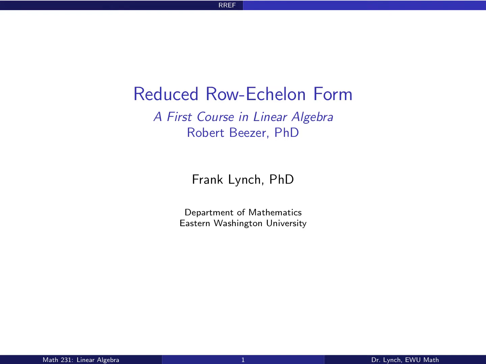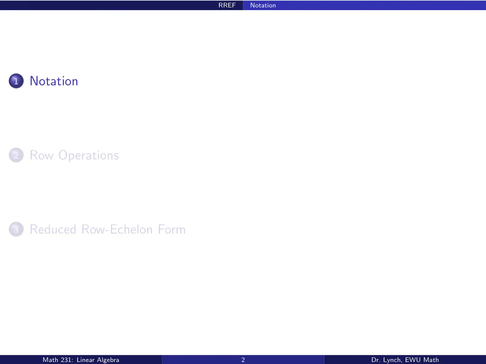Video here discussing the concept of reduced row echelon form. So a little bit of motivation here. Last time we saw that we could make a system of equations simpler by using equation operations. As it turns out, only the coefficients of our system of equations really mattered there, and not the variables.